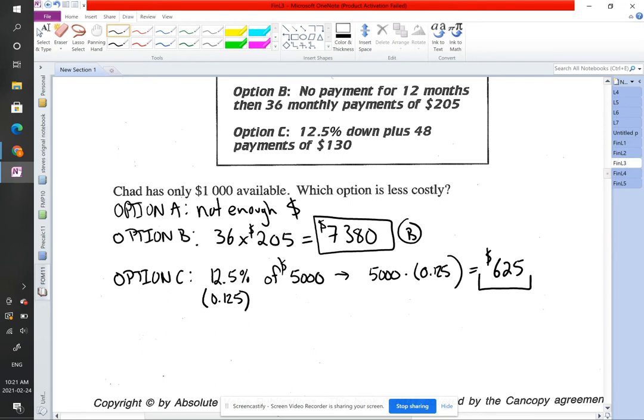He's got $1,000. But then he's going to also make 48 payments of $130.